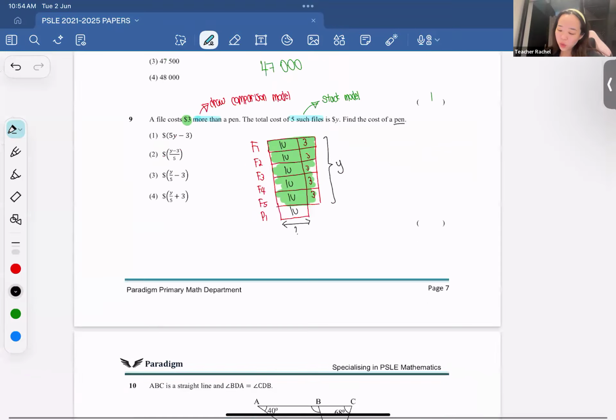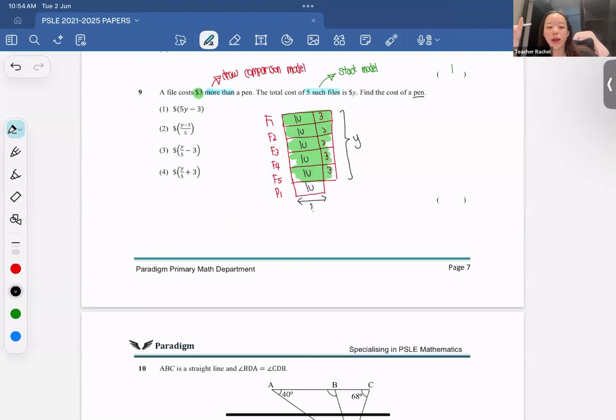So what do I do? If I know that the total Y is there, what can I do to find out the cost of a pen? First, I will write 5 files. I know that 5 files is $Y. Correct, 5 files is $Y.